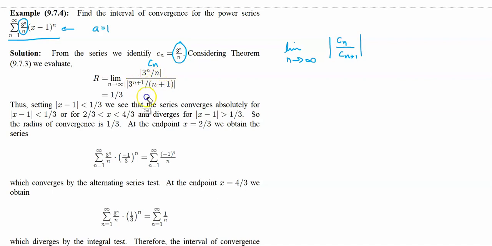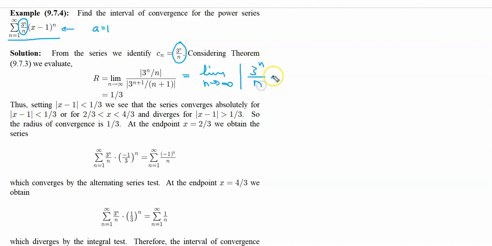Now we need to evaluate this limit. Well, just filling in a few details here, notice that this is equal to, and simplifying this a little bit, these 3 to the n's will cancel, leaving us with this.